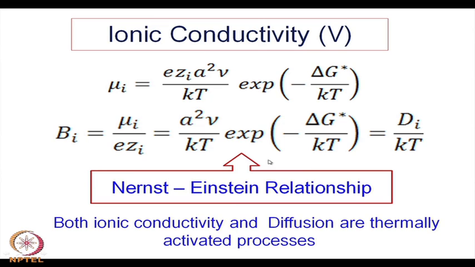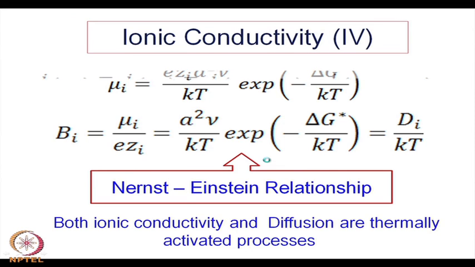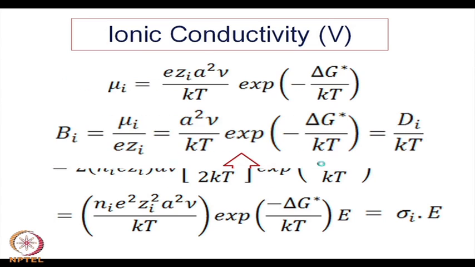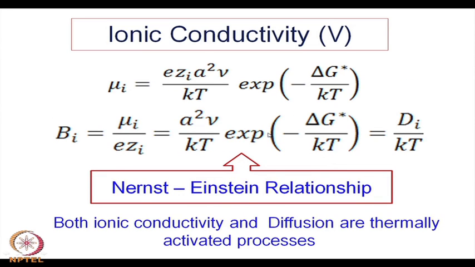Now, this also gives you another relationship, because sigma is actually n_i, the concentration, times the charge, multiplied by the mobility term. So, one can write mu_i, the mobility of the charge species, is also an exponential term.